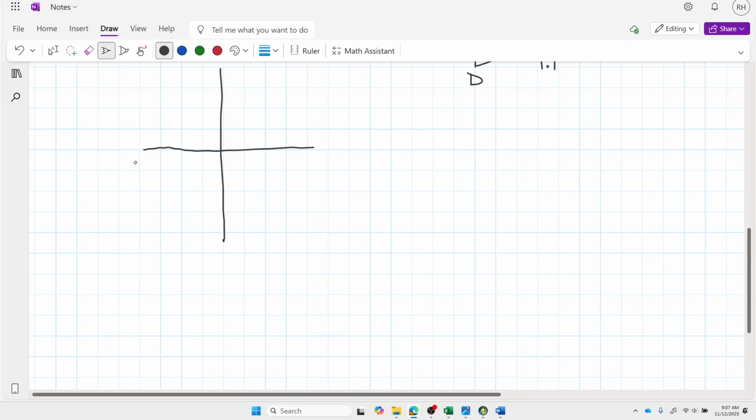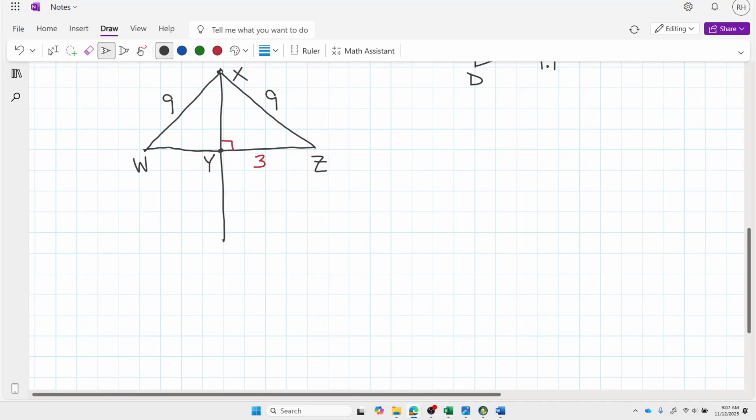So you've got WZ here and point X up here. And point X is 9 units from W and it's 9 units from Z. And there's a Y right here. This is point Y.